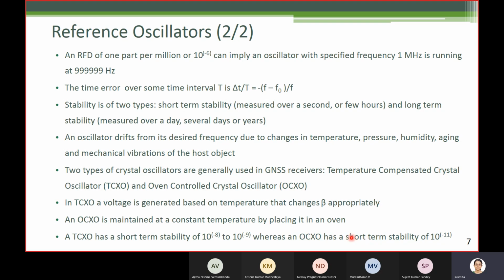If the OCXO has 10 to the power minus 8, then in case of an atomic clock, it will be 10 to the power minus 13, minus 14 like this. So long-term stability of an atomic clock is much better than these crystal oscillators. But atomic clocks work on completely different principles.